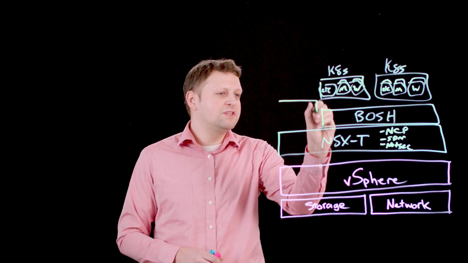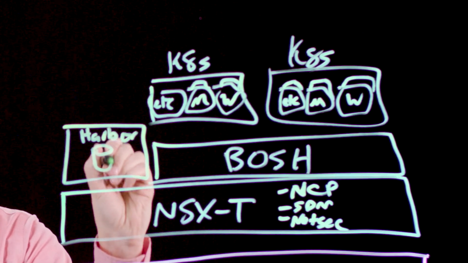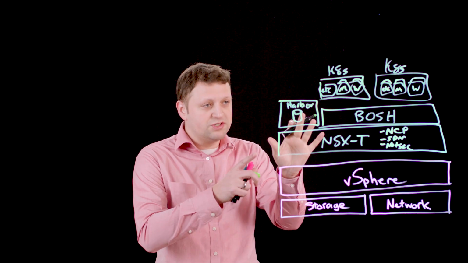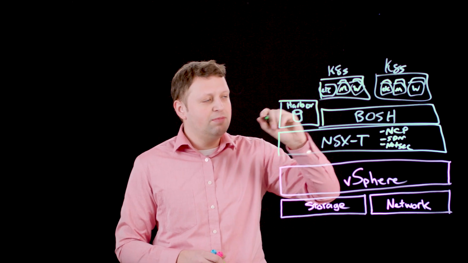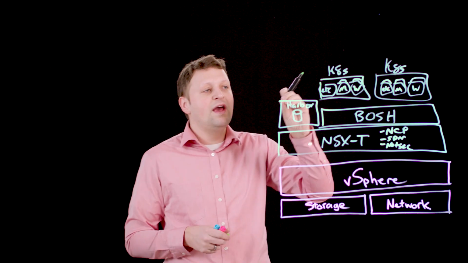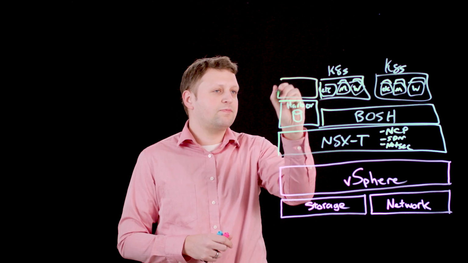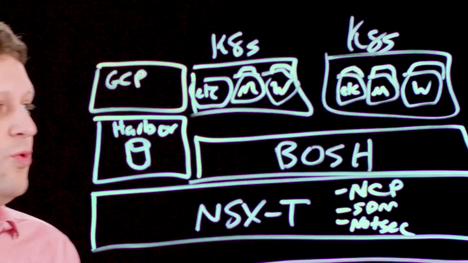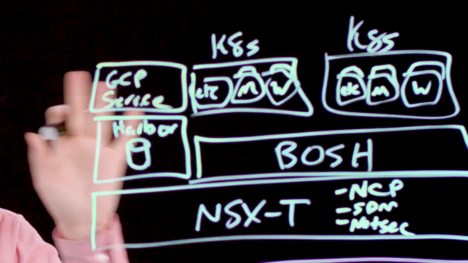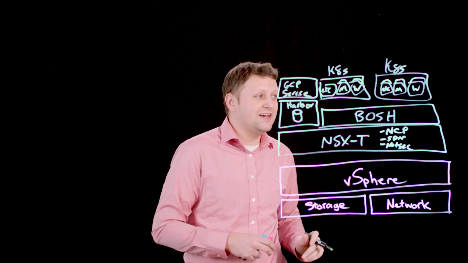Another one of the key components that we have is Harbor, which is the container registry, which fulfills the role of a container storage place so that container images can be pulled and pushed at will from development teams as they're working into the environment, and then pulled as they are run in Kubernetes environments and deployed. We also have the Google service broker, which allows us to effectively expose Google native cloud services in GCP to our PKS cluster.